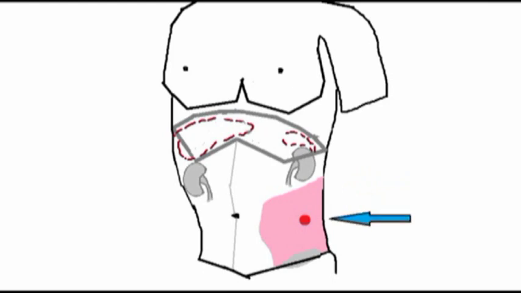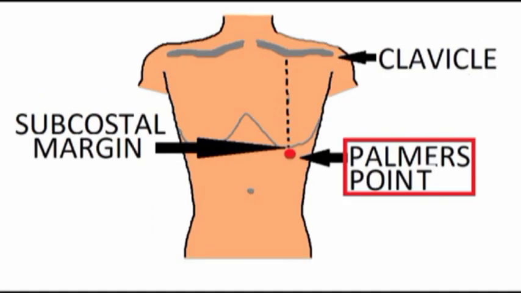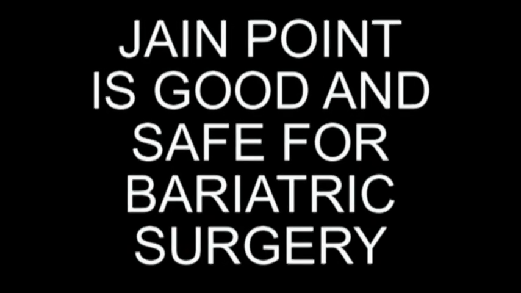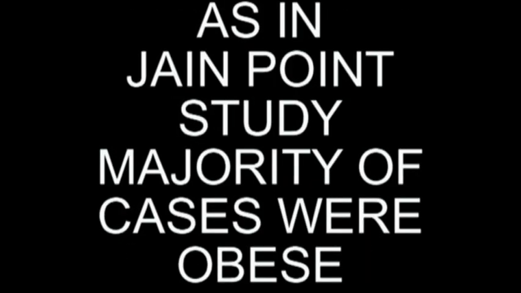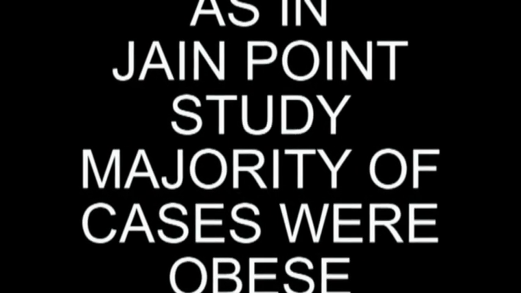It is easy to locate because anterior superior iliac spine and umbilicus both fall in the sterile area of the surgical field.